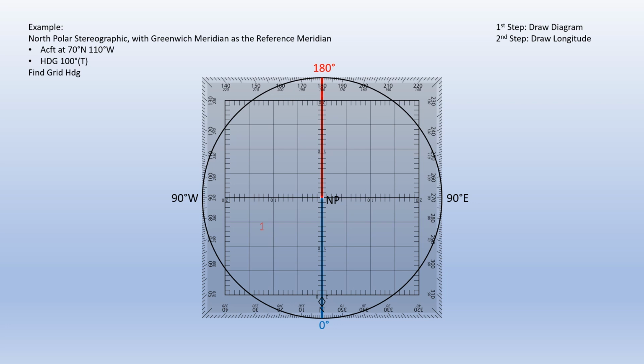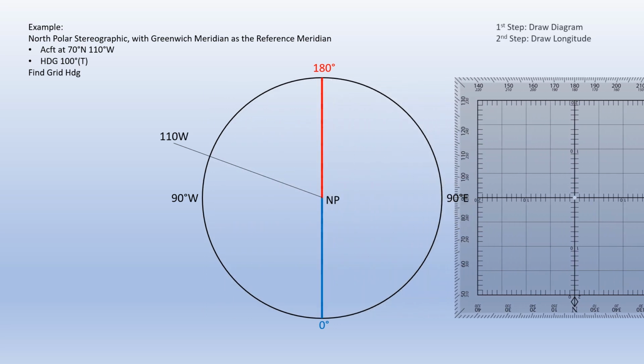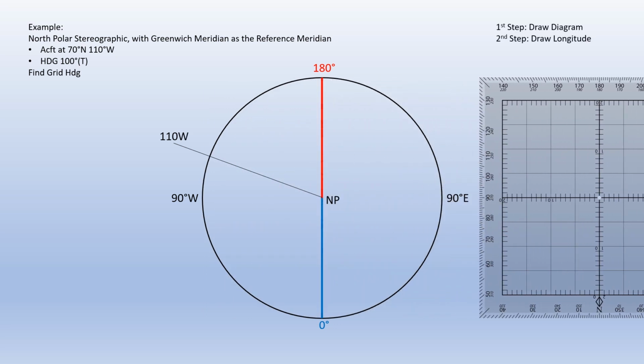Measure 110 from 0 degree longitude on the western side of the diagram. Draw the longitude line. The intersection between the circle and the longitude line that we just drew is the position of the aircraft. From this position, true north is toward the center of the diagram as indicated by the red arrow.